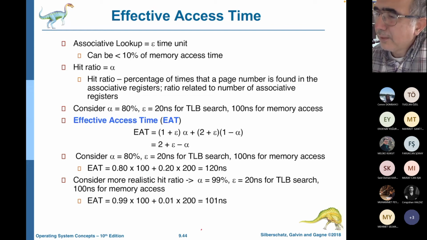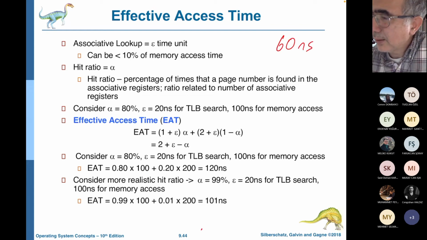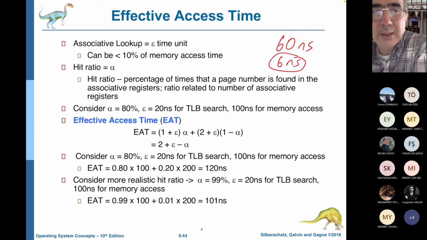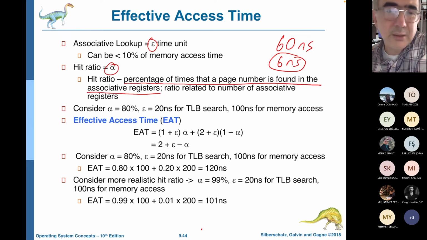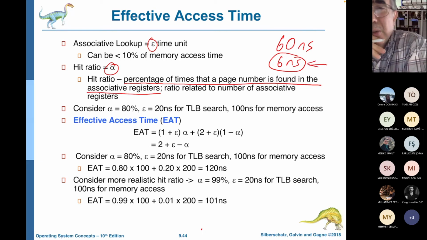So if you have, for example, a 60 nanosecond access time memory, a 6 nanosecond delay can be tolerated by the associative memory. So that is epsilon. Hit ratio means what percent of the page numbers are found in the registers. So if you can find the desired page in the buffer, the time you need is 6 nanosecond.